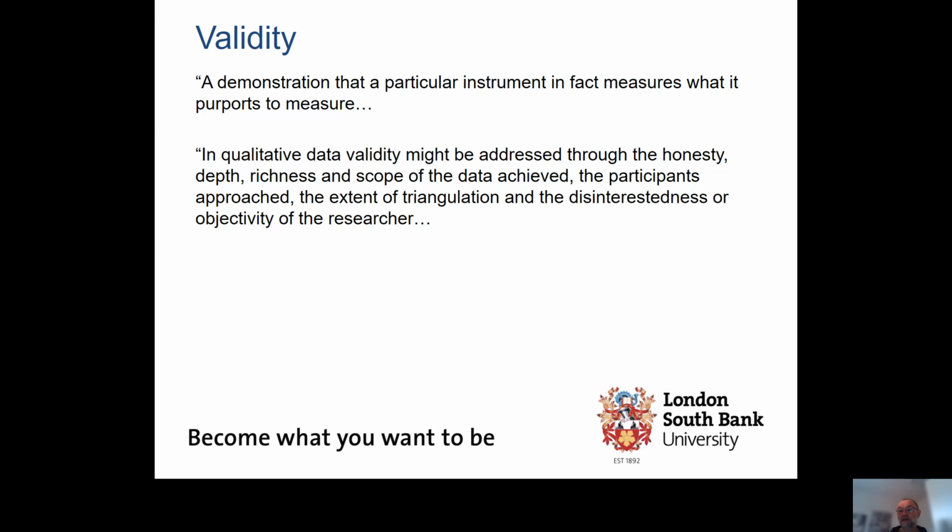The word disinterested means you have not got any kind of bias. It means that you are able to be objective about the question. You're kind of entering it with a clean slate. You're not bringing any assumptions to your research. You're approaching it with an open mind.